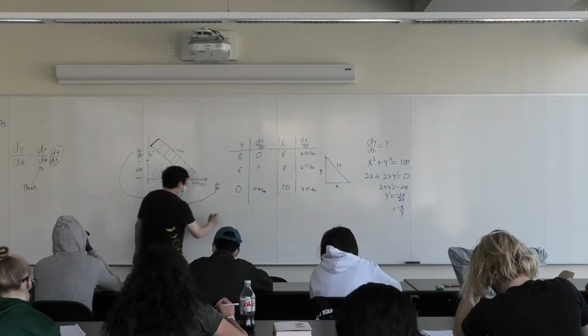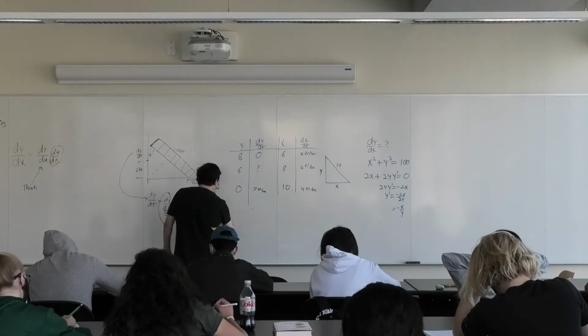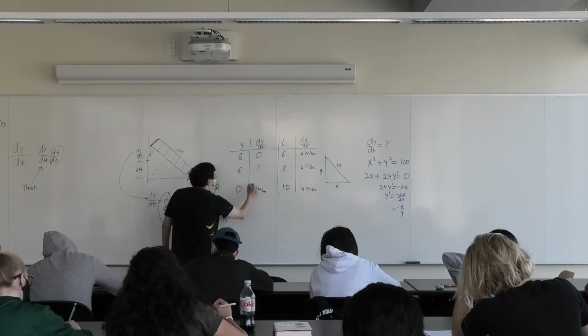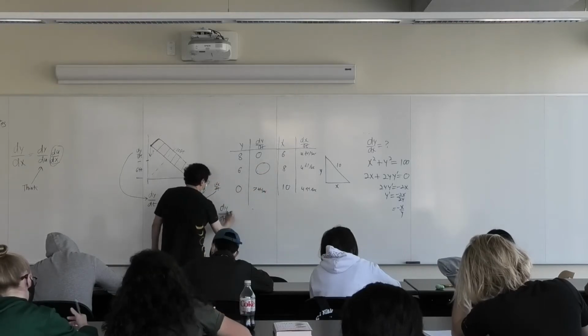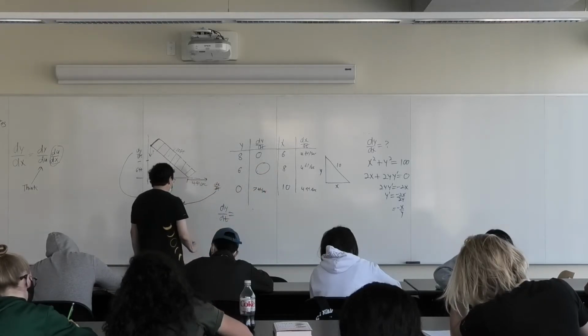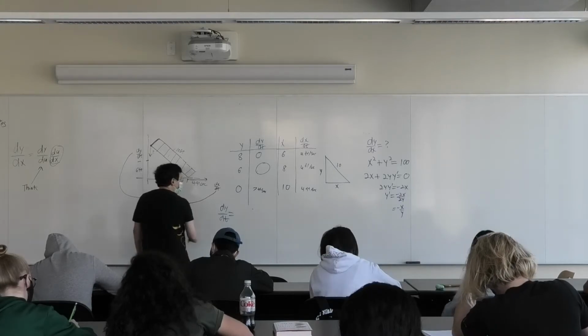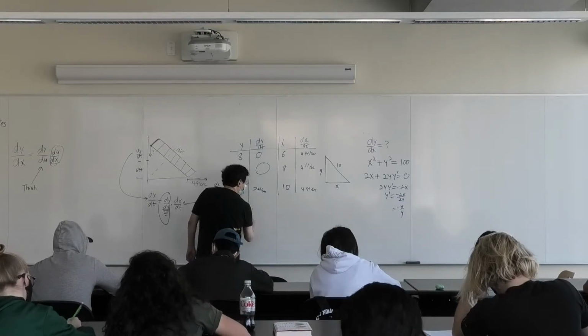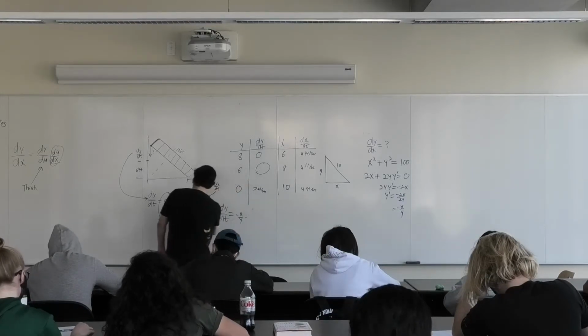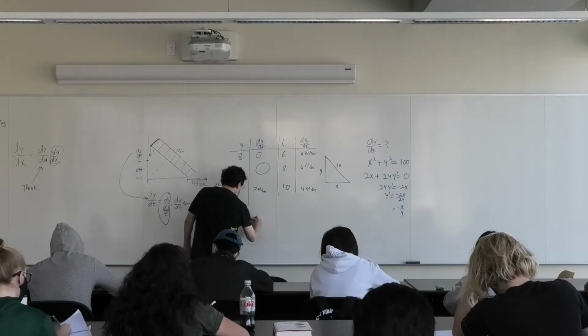So let's write this out. dy dt, again, that's what we're looking for, is equal to dy dx, which is negative x over y, times dx dt, which is 4 feet per second.